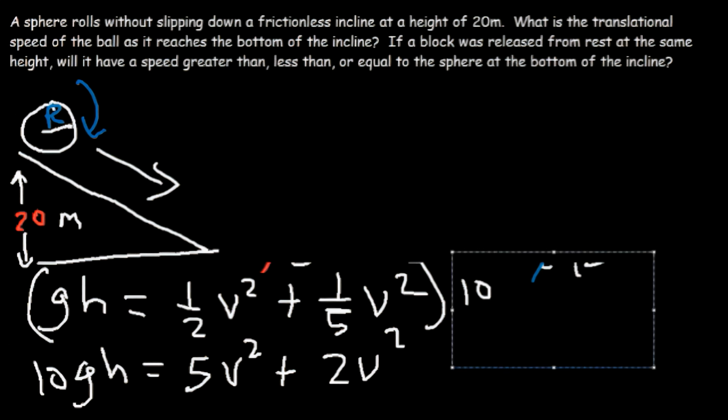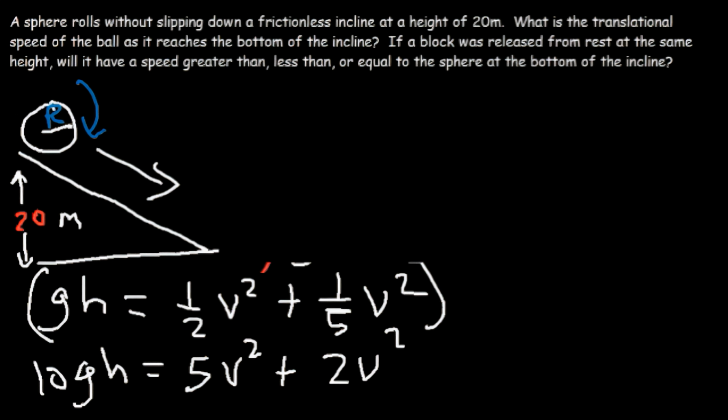So what we now have is 10gh is equal to 7v squared. And now at this point, we have enough information in which we could simply solve for the velocity.